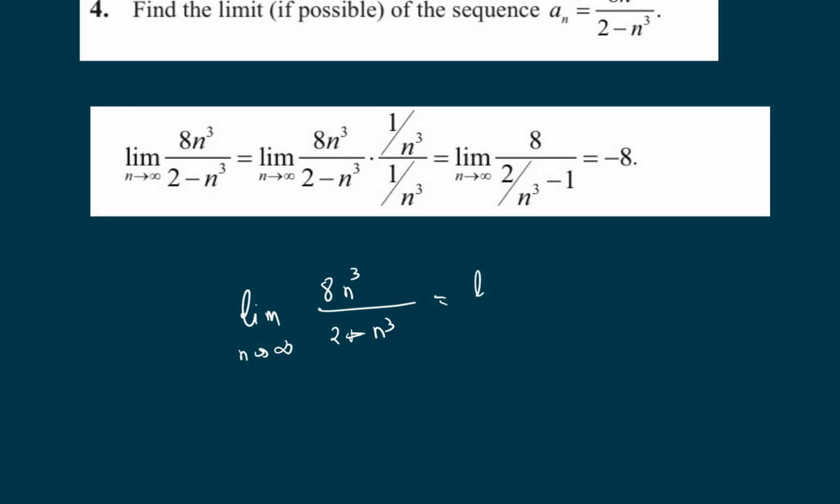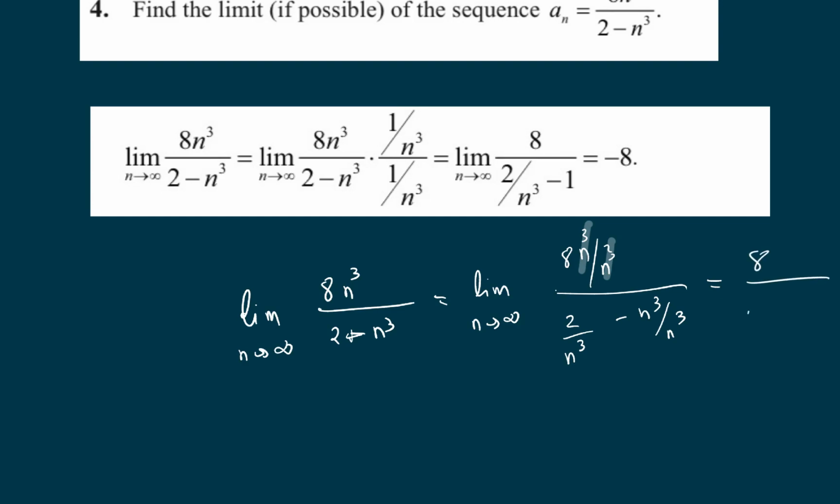Well, to do this, we take the limit when n goes to infinity, so we divide numerator and denominator by n cubed. If we divide numerator and denominator by n cubed, minus n cubed divided by n cubed, we know that the n cubed in the numerator will cancel, so the numerator will tend to 8.